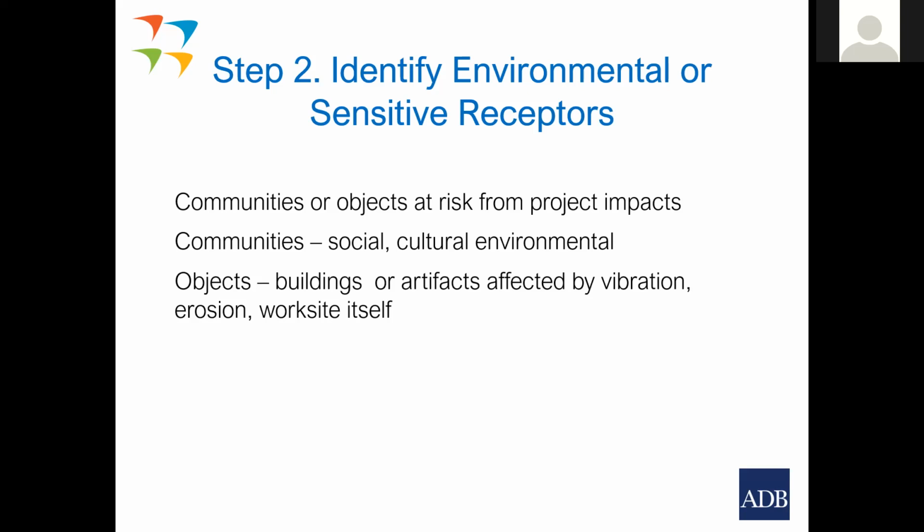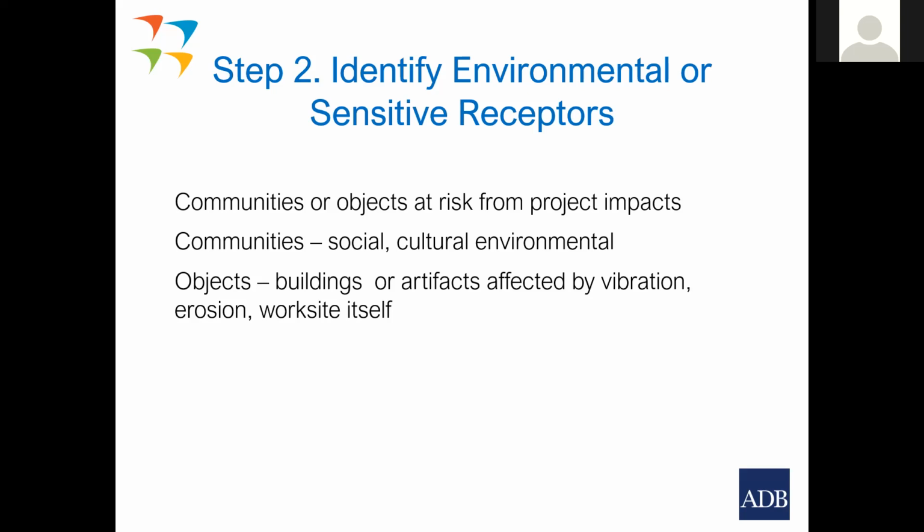It can also include environmental receptors like ecological communities, marine environment, coral areas, protected areas, endangered or critical species. And it can also include the work site itself: objects, buildings, or artifacts affected by vibration at the work site or erosion.